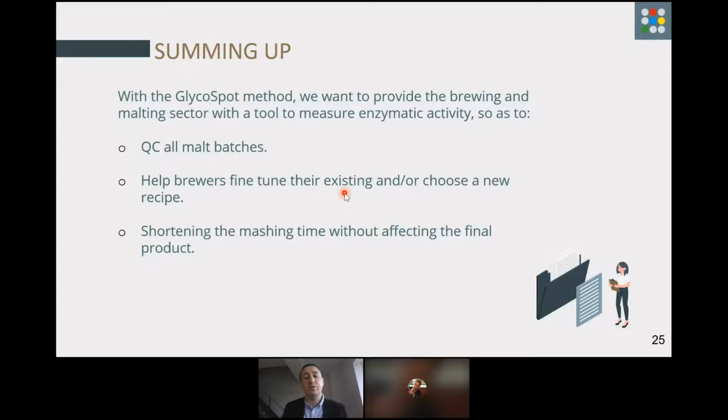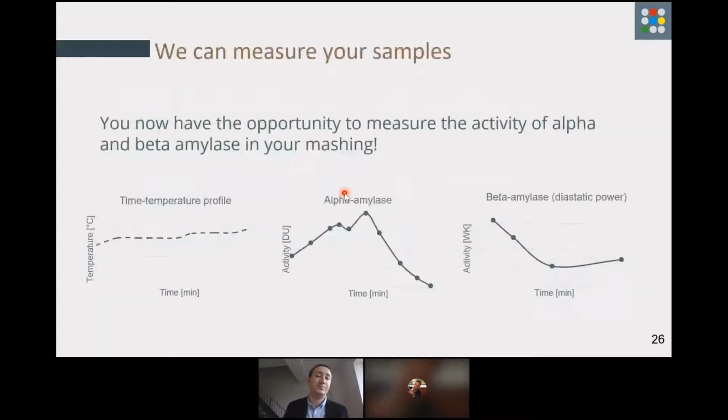We also want to help the brewers to fine-tune their existing recipe or choose a new one. And then we also want to help the brewers to shorten the mashing profile, but without affecting the final product. And that is possible by measuring the enzymatic activity during the mashing.